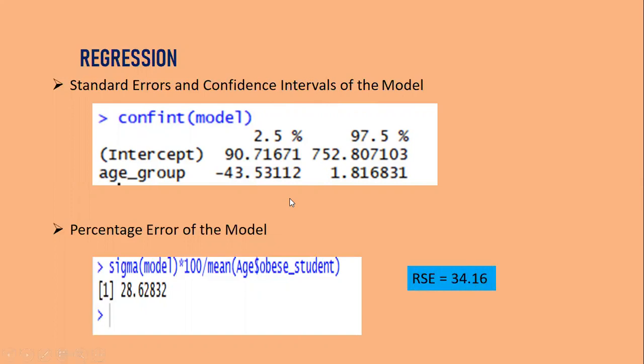In this study, RSE is equal to 34.16, meaning that the observed number of students with obese deviates from the true regression line by approximately 34.16 units on average. The percentage of error is equal to 28.6.